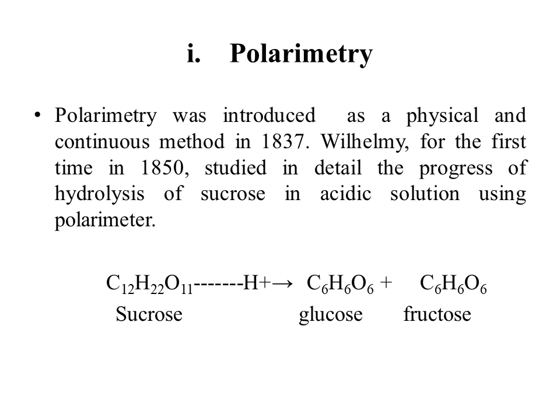Wilhelmy, for the first time in 1850, studied in detail the progress of hydrolysis of sucrose in acidic solution using polarimetry. Those substances which are optically active can be studied by the method of polarimetry. In this, we measure the angle of rotation with passage of time.